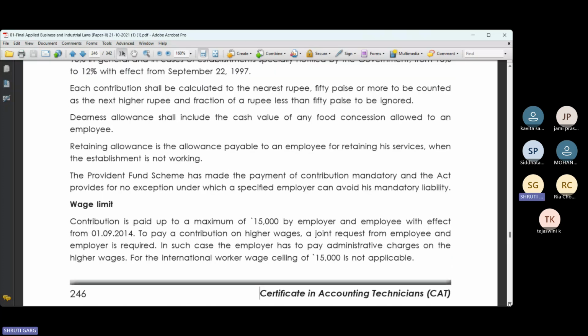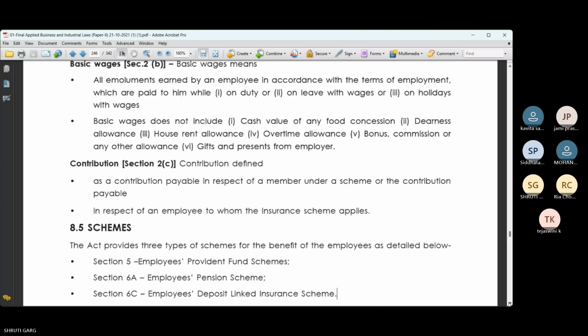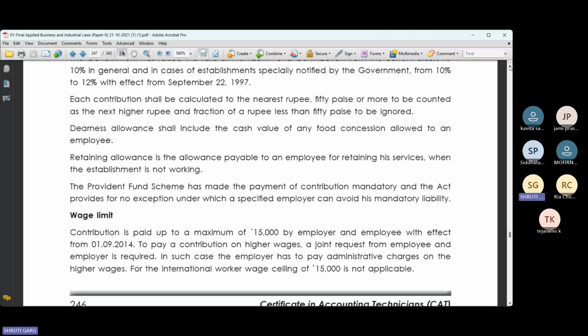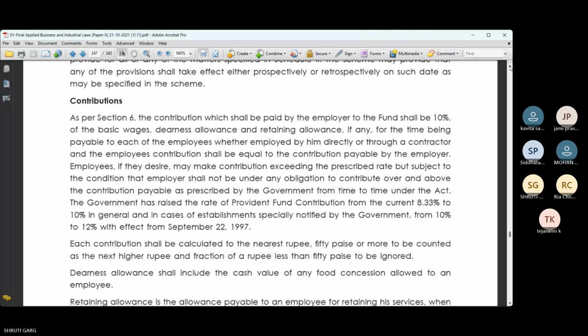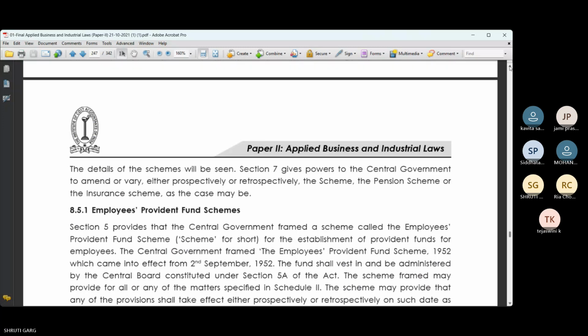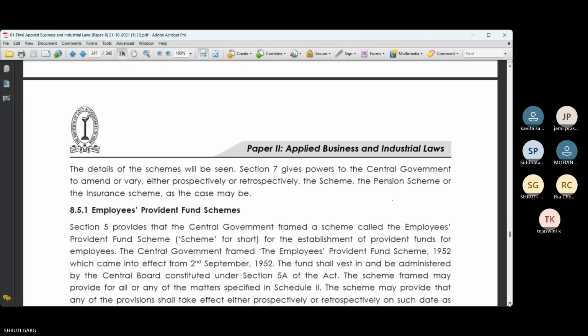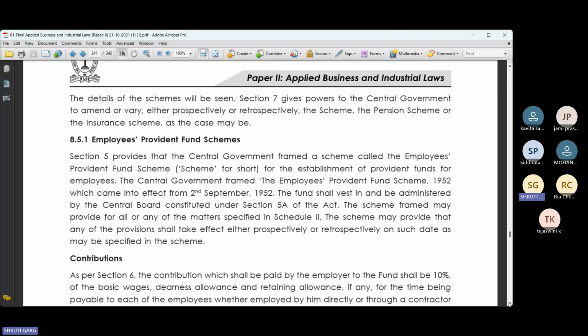So number one, employees provident fund scheme. Page number 247.